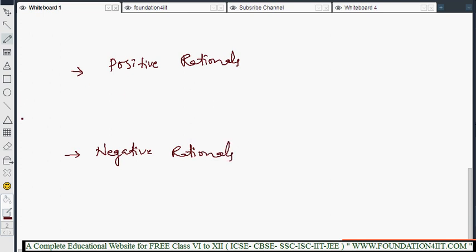First of all, if you see the positive rational, a rational number is said to be positive if its numerator and denominator are either both positive or both negative, because finally we need the output to be positive. So minus 3 by minus 2 is nothing but 3 by 2, and minus 4 by minus 5 is nothing but 4 by 5.